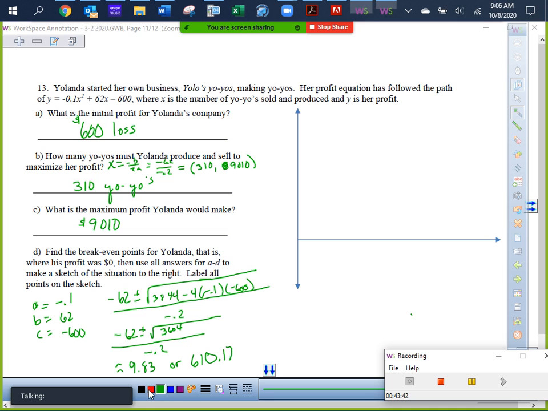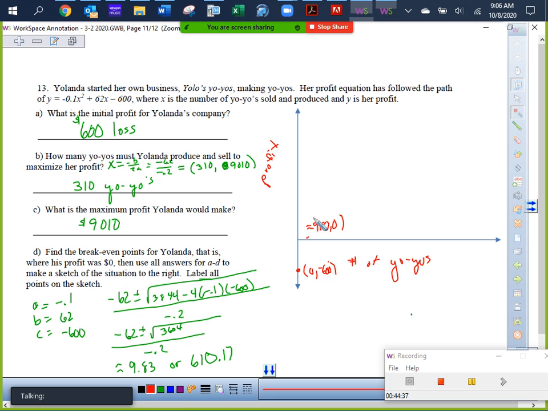So we'll start making our graph. We'll put our label on here, number of yo-yos. Come on, pen. Don't fail me. We're almost done. Number of yo-yos and profit. And then we'll start $600 in the hole. So 0, negative 600. I will put about 9.83, comma 0, with an approximate sign.